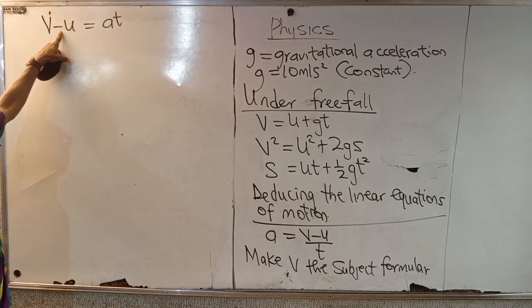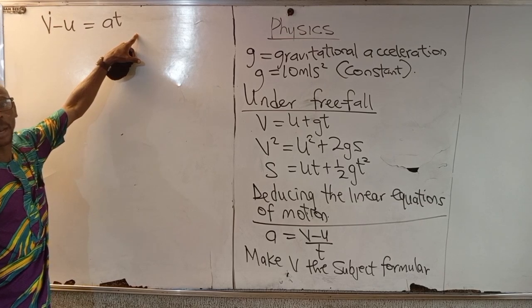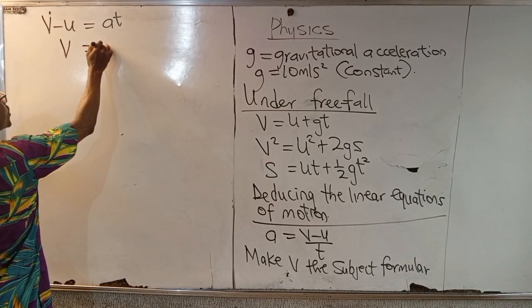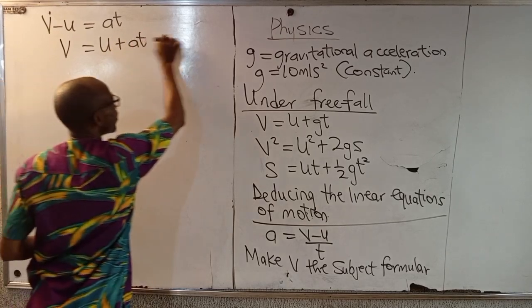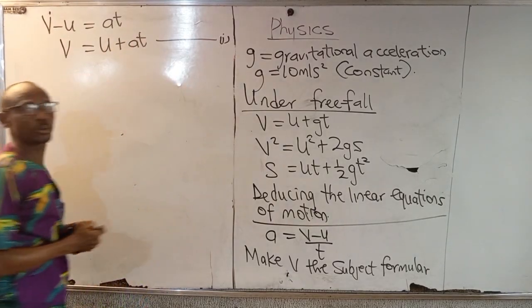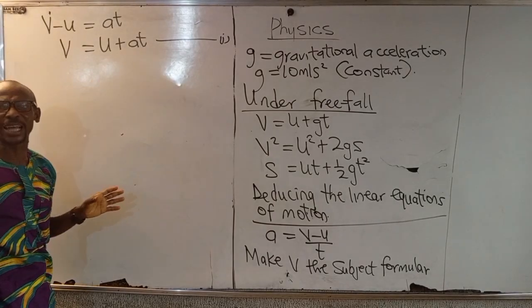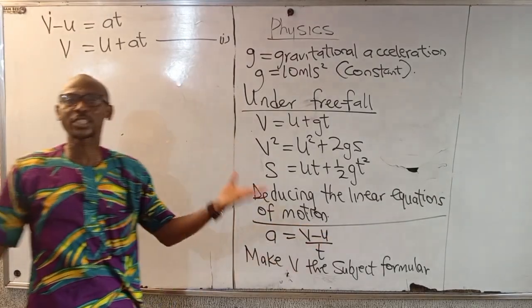When our minus U crosses to the other side of the equation, it becomes plus. So we now have V is equal to U plus AT. This is how the first equation comes about, that V is equal to U plus AT. As simple as just knowing the definition and you've gotten the first equation.